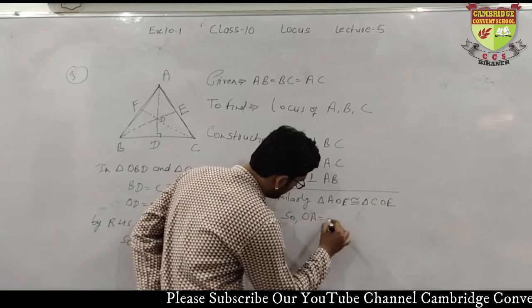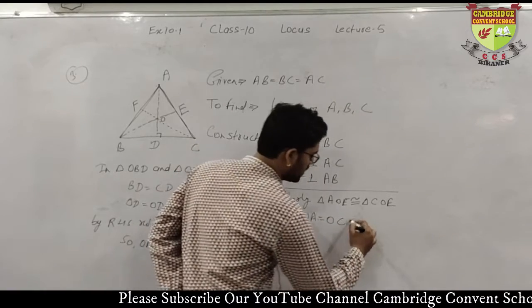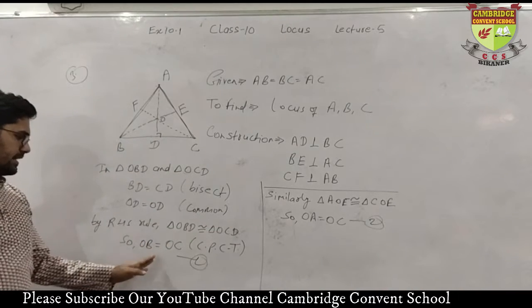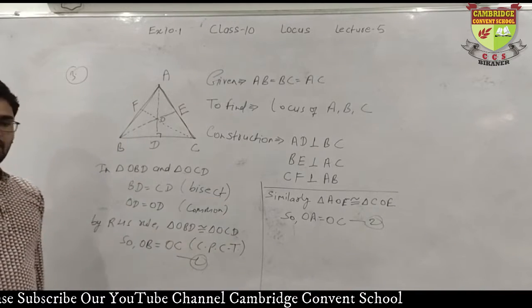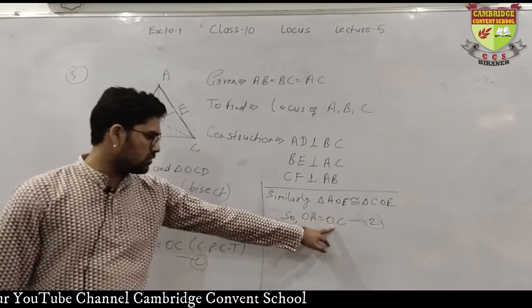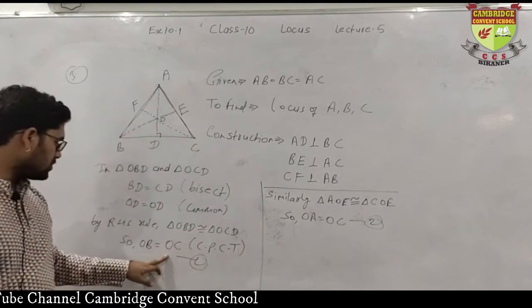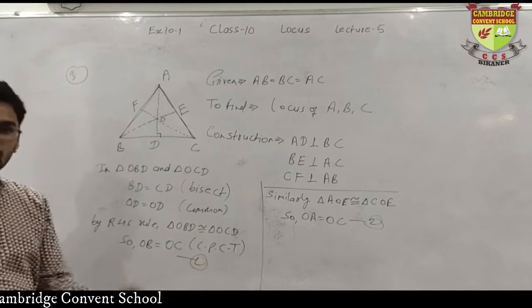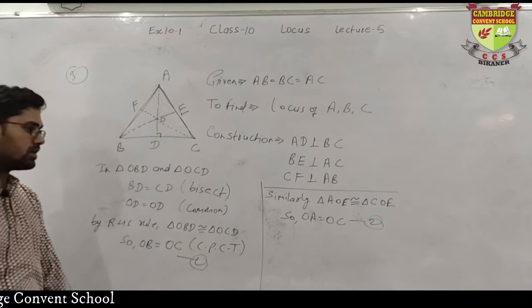Give it the name statement number 2, and see, by statement number 1 and statement number 2, OC is equal to OA and OC is also equal to OB. Both are equal to OC. That means both must also be equal to each other, right?